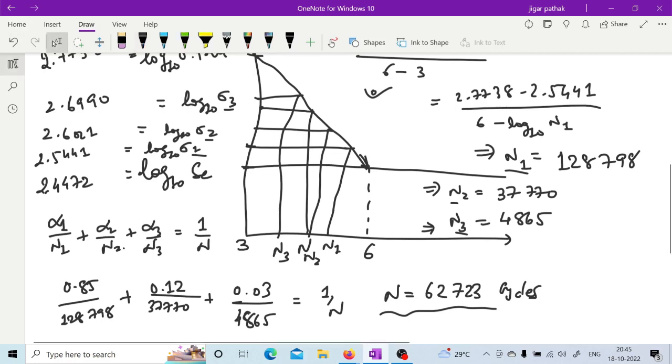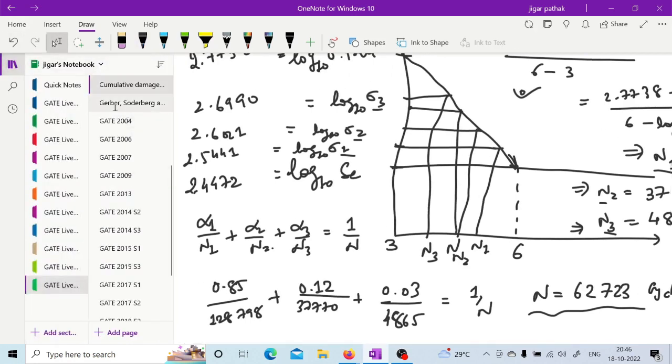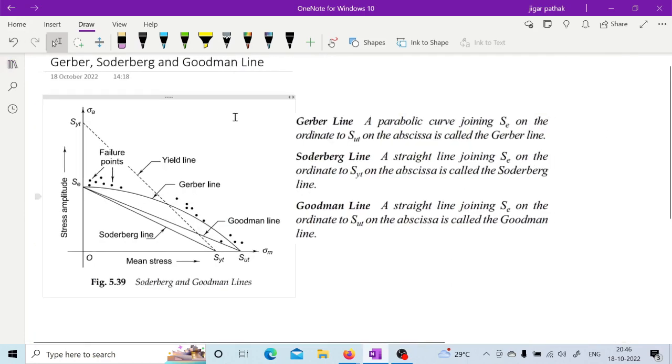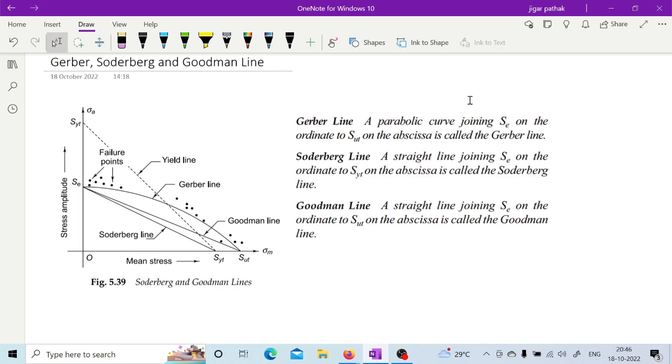Okay, so once you have this idea, then we can see the last important thing, that is the different criteria which will give us an idea about the failure of the component, right? Sometimes it may happen that a combination of these forces is acting. So what we are doing is plotting the mean stress versus stress amplitude. If you remember, in cyclic stress we calculated sigma m and sigma a. Sigma m is sigma max plus sigma min by 2, and sigma a is sigma max minus sigma min by 2, right?